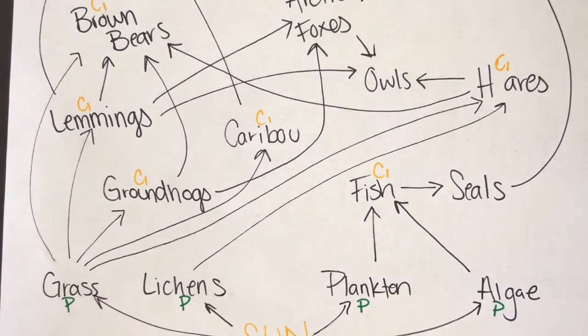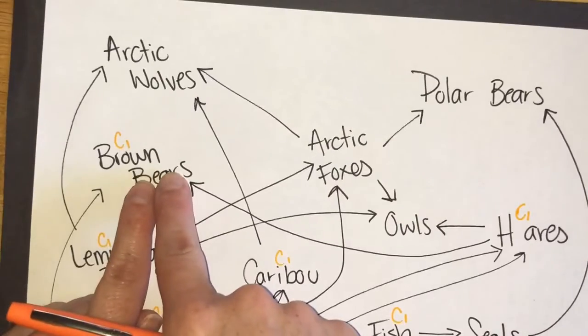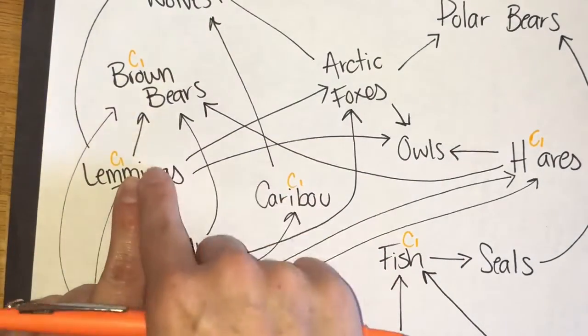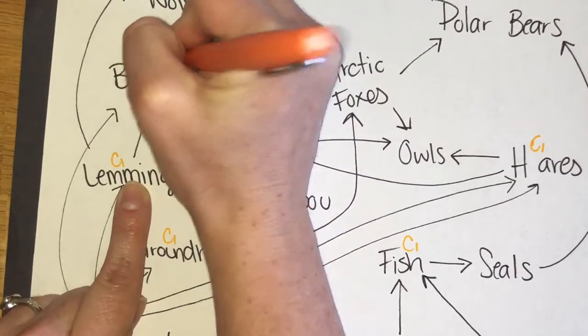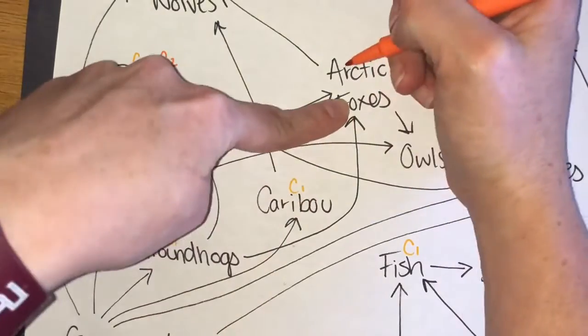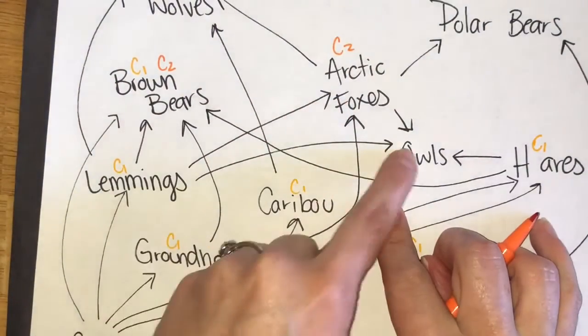Now, secondary consumers are anything that eats a primary consumer. So, let's start with the brown bears. Nothing eats a brown bear, so we're good there. Now, brown bears eat lemmings, so it is a C1 and a C2. Arctic foxes eat lemmings as well, so they're a C2.